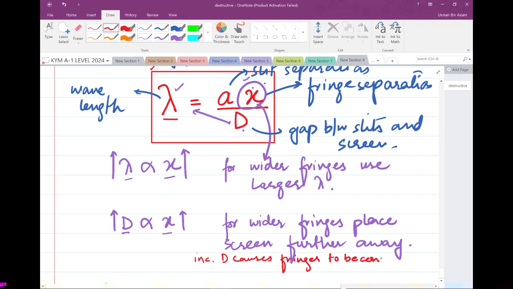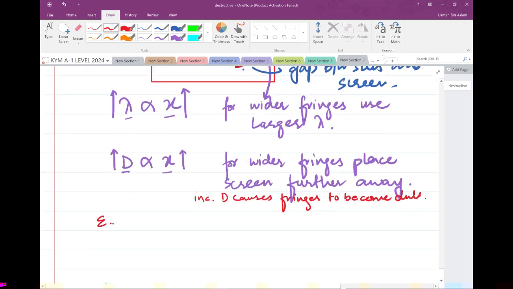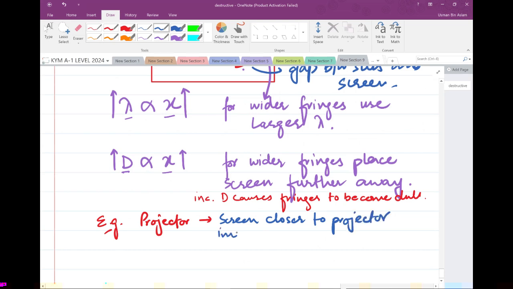Sir, could you mention the projector example as well? It's really helpful. I will mention the projector example for you. Projector. When the screen is closer to the projector, the image is brighter but smaller.